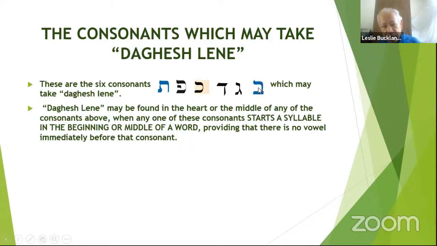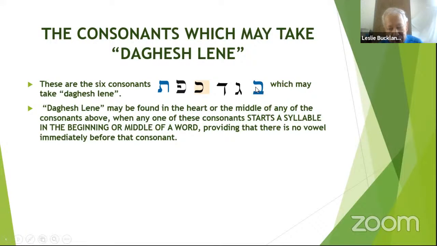Dagesh Lenny is weak, and if there is a vowel that comes immediately before a consonant like these, in which you could put a Dagesh, but it has the vowel before it, the Dagesh Lenny is going to run away from it. It's not going to stay. It's weak. It cannot stay there. It comes in like it is frightened of it.